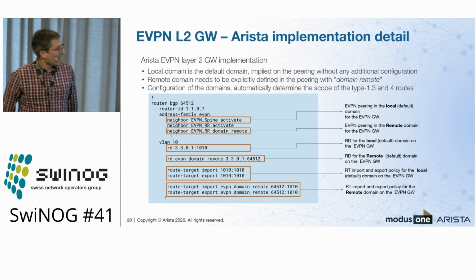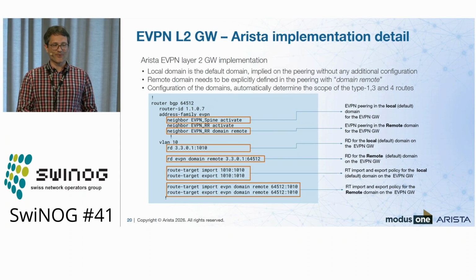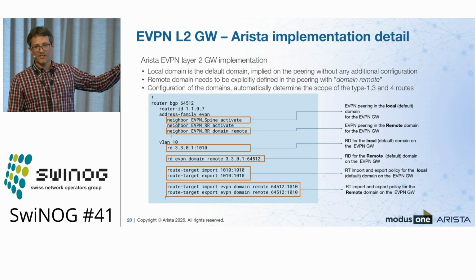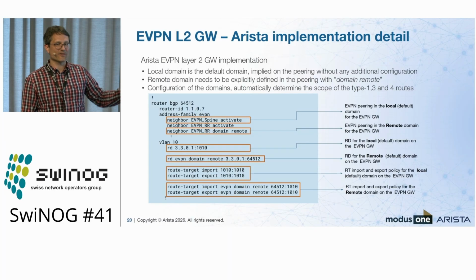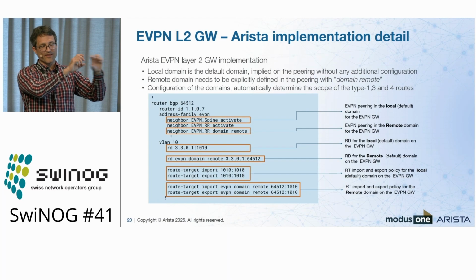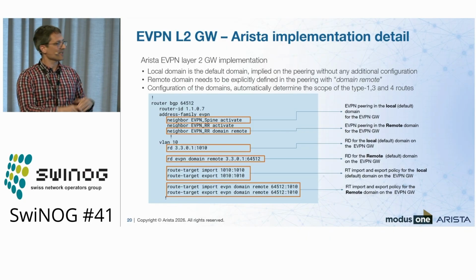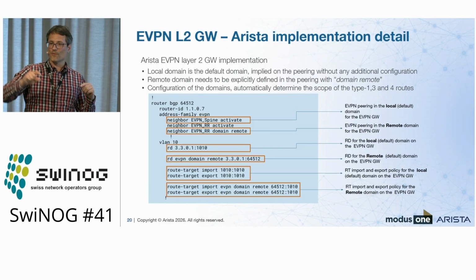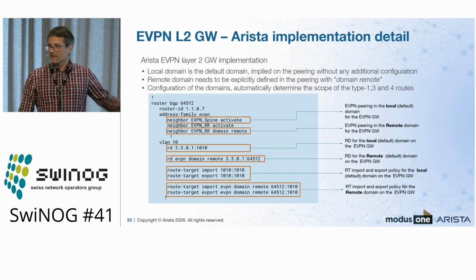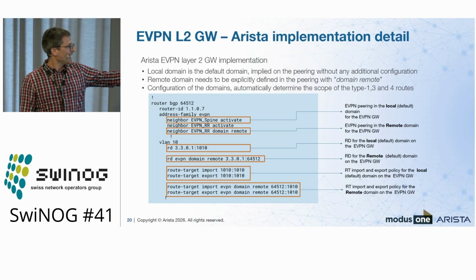Now, if you look how to set this up in EOS in the config, it's actually pretty simple. When I define the neighbors for the EVPN address family, I can mark there that this neighbor or this group of neighbors is from the remote domain. And then for the service, here it's a layer 2 service, VLAN 10.